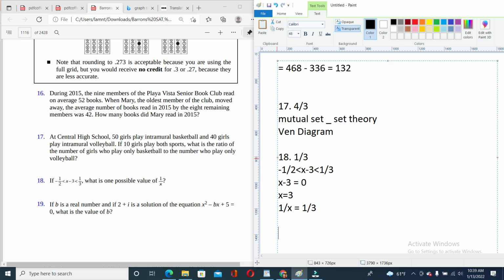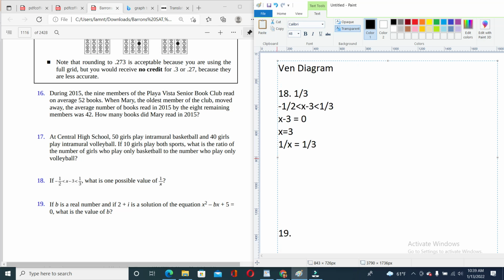Yeah. Okay, number 19. So 2 plus i is a solution of a quadratic equation. What's the value of b? The equation is x squared minus bx plus 5 equal to 0.